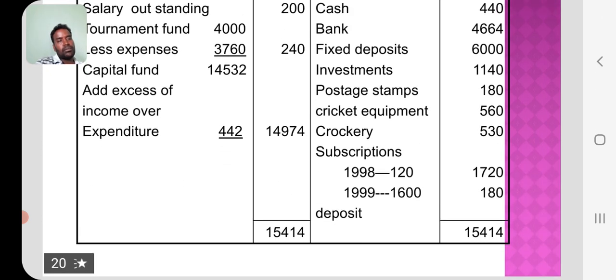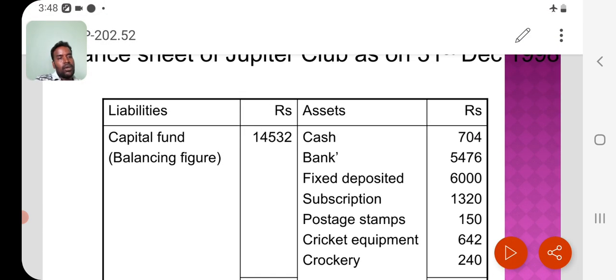So see here, these are all the opening balances. While we are preparing two balance sheets, one is for finding the capital fund and one is the closing balance sheet.